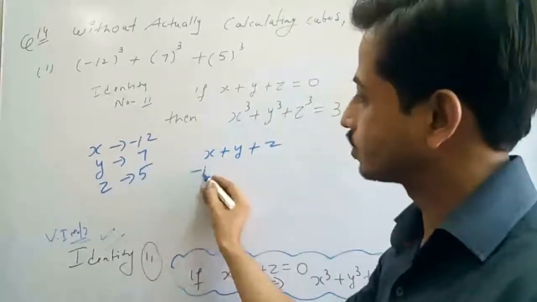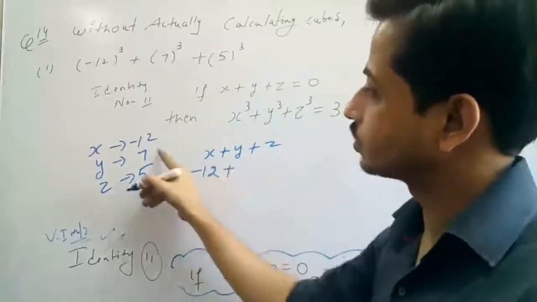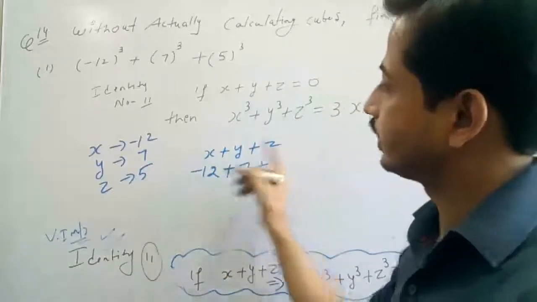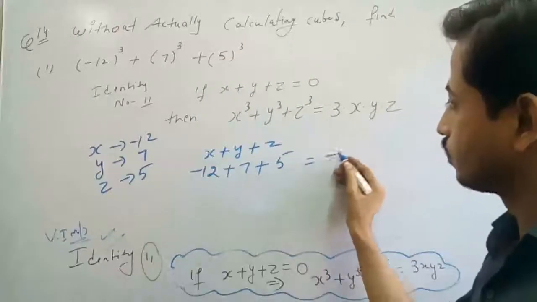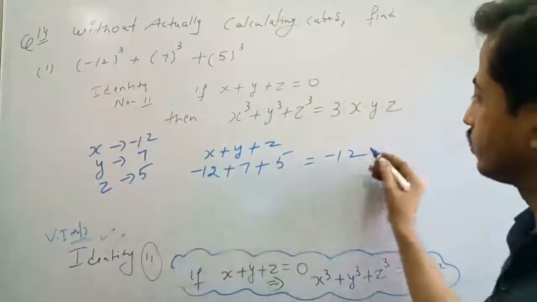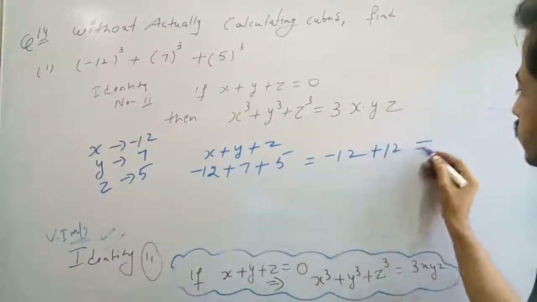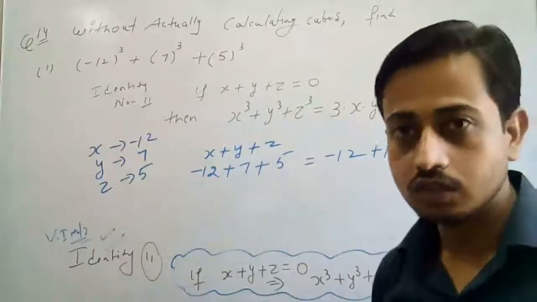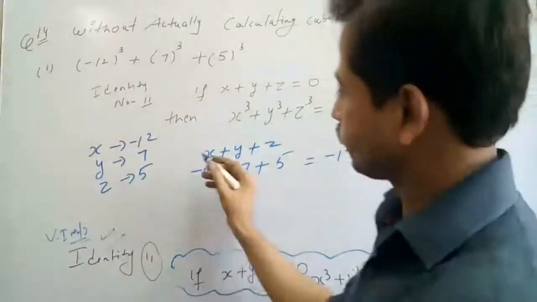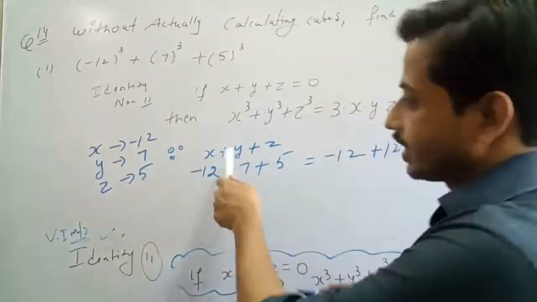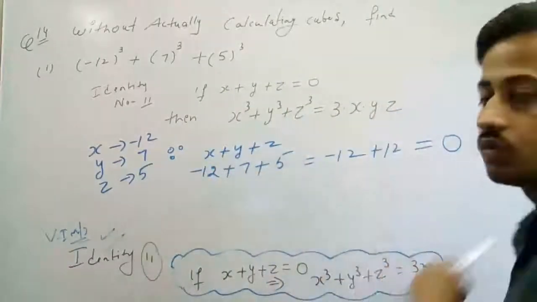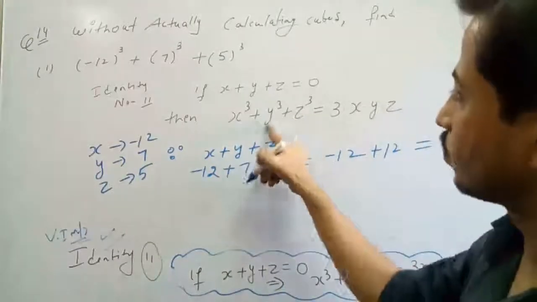Now check x plus y plus z. x is minus 12 plus y is 7 plus z is 5. So minus 12, 7 plus 5 is 12. It means you get 0. Because x plus y plus z is equal to 0, it means what's the result?